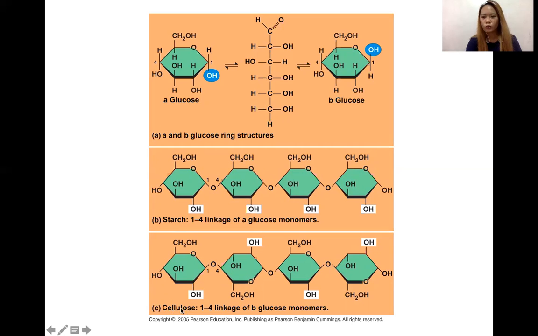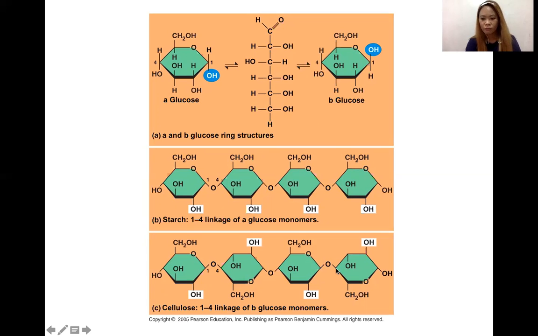But when it comes to your cellulose, it is actually connected by a beta 1, 4. Again, we are talking about the linkage between carbon 1 and carbon 4. Carbon 1 and carbon 4, and here carbon 1 and carbon 4.